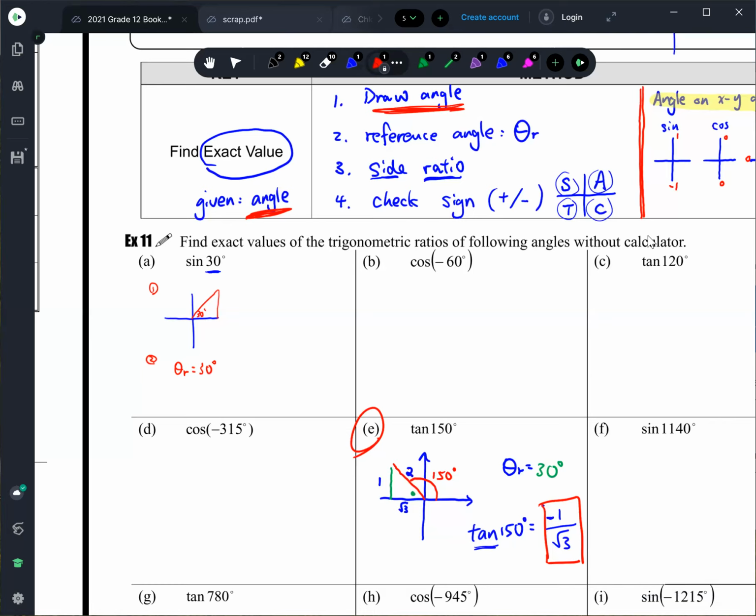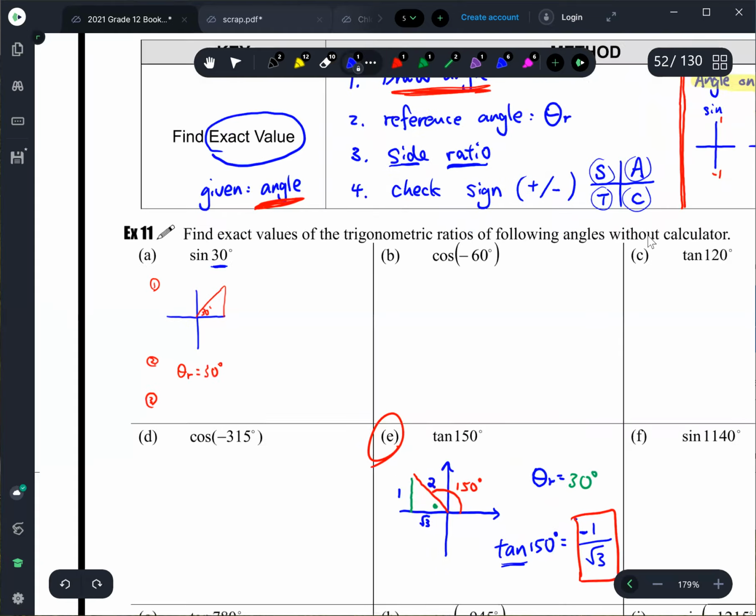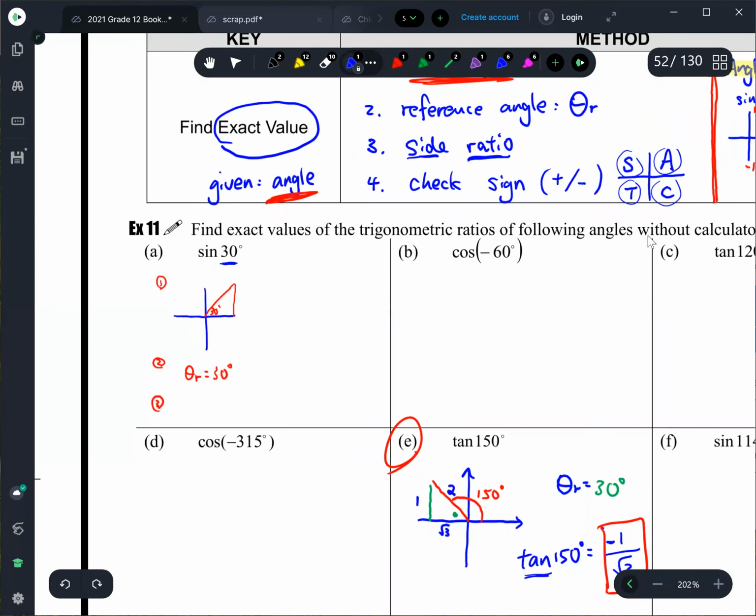Okay, and then step 3 is to fill in the sides, right? So for 30°, how long is the opposite side? Evan? If the reference angle is 30°, how long is the opposite side?